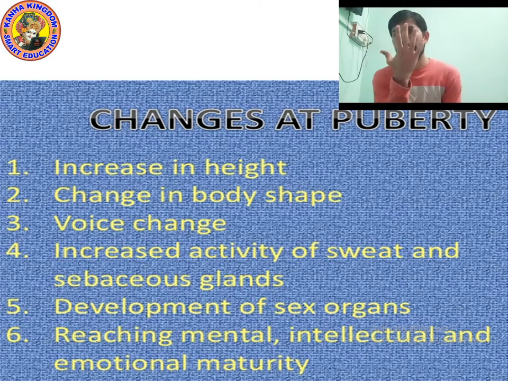Now point number 5 is development of sex organs. Sex organs start developing. Do you know which are the sex organs? We have already studied in the reproduction chapter that there are two sex organs, the male reproductive organ and the female reproductive organ.